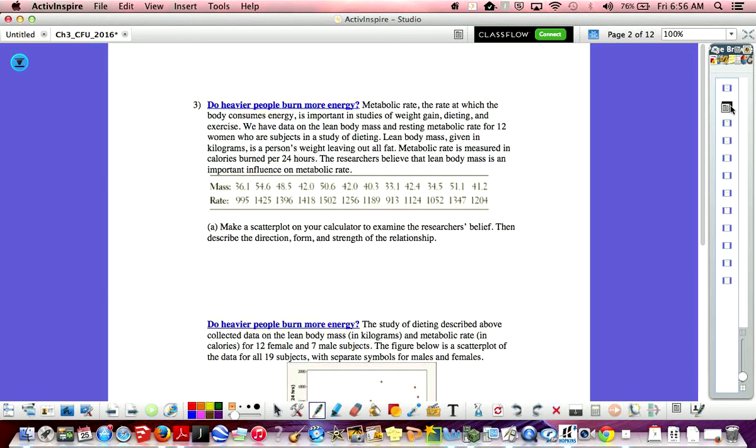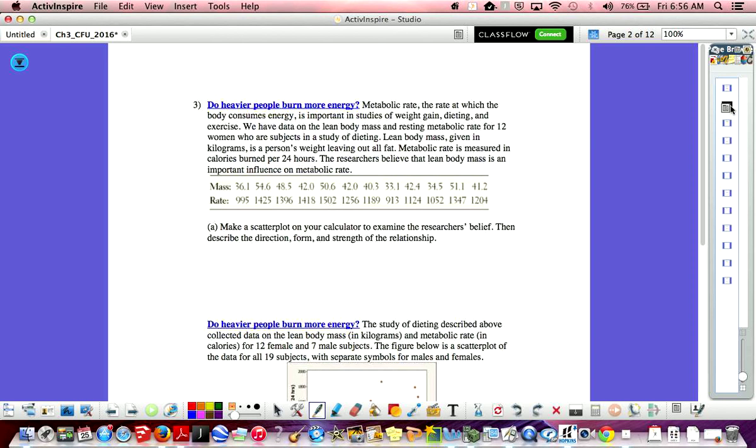All right, in the second page it says, do heavier people burn more energy? Metabolic rate, the rate at which the body consumes energy, is important in studies of weight gain, dieting, and exercise. We have data on lean body mass and the resting metabolic rate for 12 women who are subjects in a study of dieting.